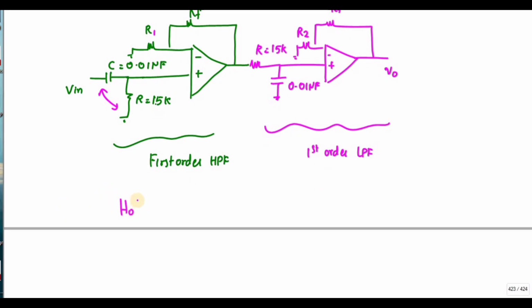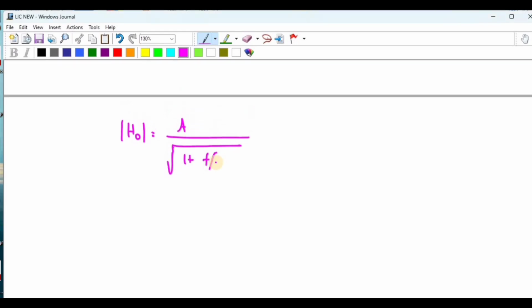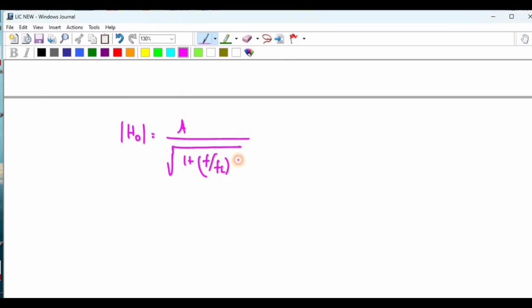So we know the gain of the first order high pass filter, right? That is represented as H of 0, which is nothing but A1 divided by the root of 1 plus f divided by fL the whole squared, into f divided by fL.